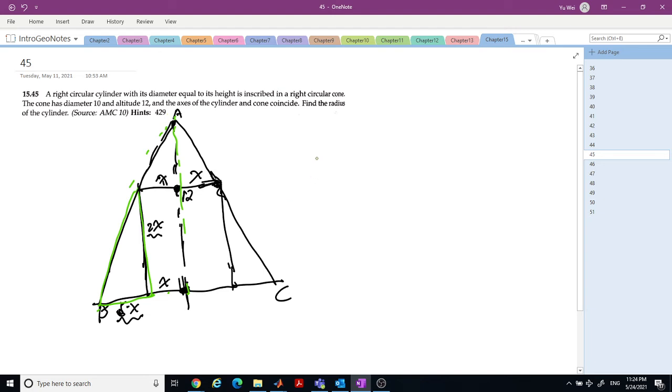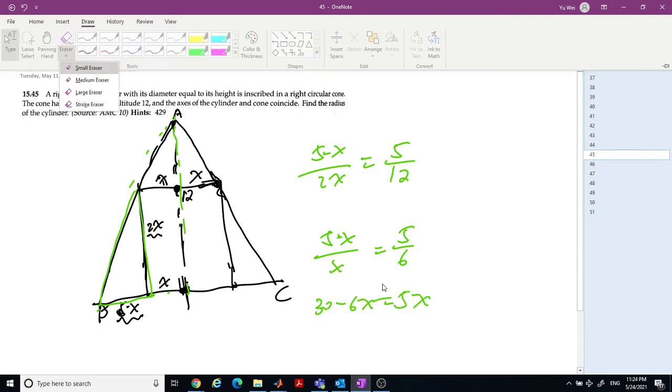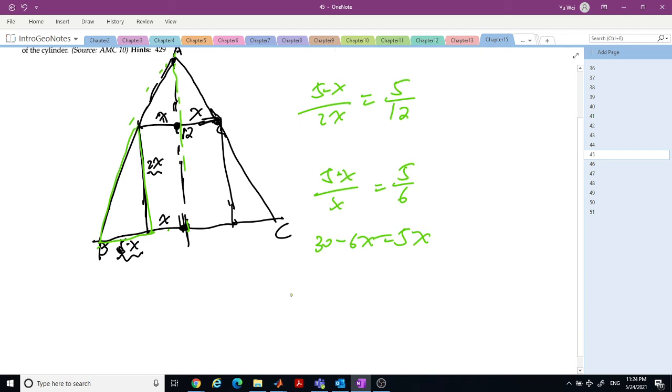So now 5 minus x over 2x is equal to 5 over 12, right? Now let's solve this. So 5 minus x over x is equal to 5 over 6. Then 30 minus 6x is equal to 5x. Now x is equal to 30 over 11.